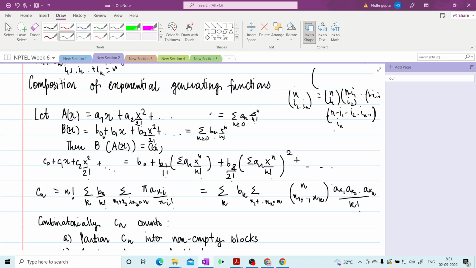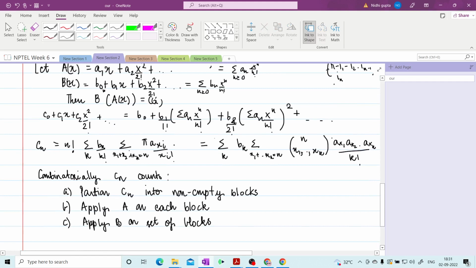If we do the same computation, A(x) is the exponential generating function corresponding to the sequence a1, a2, ..., an, where an counts the number of ways to apply structure A on an n-element set.